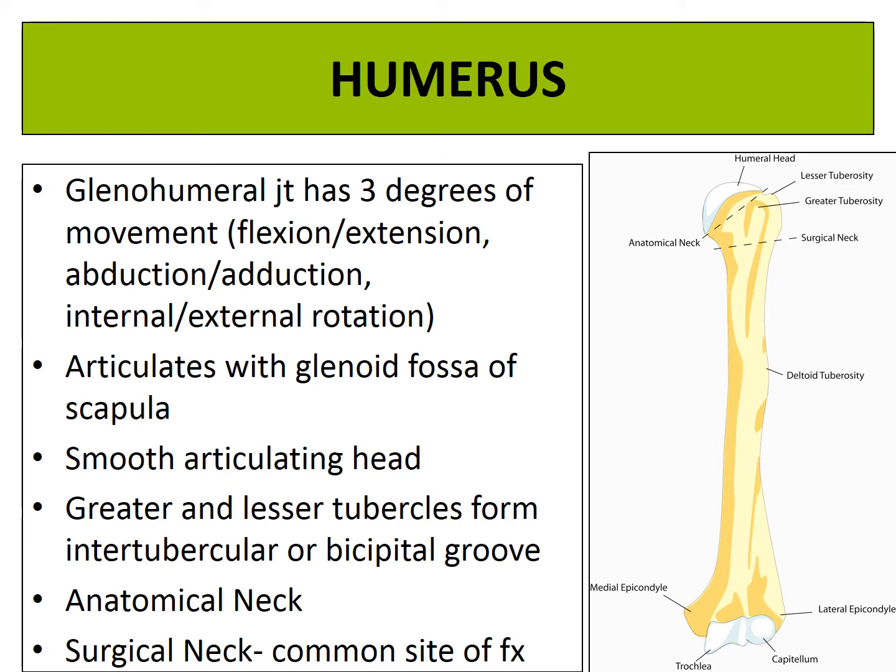The roll is always going to go in direction of the humeral shaft. So let's go through all of them. If we say shoulder flexion, the roll is going to be in the anterior direction, just like how the humerus is moving anteriorly, and the glide will be posterior.